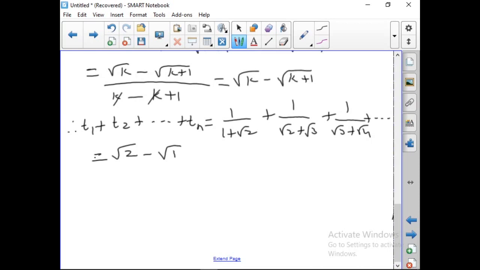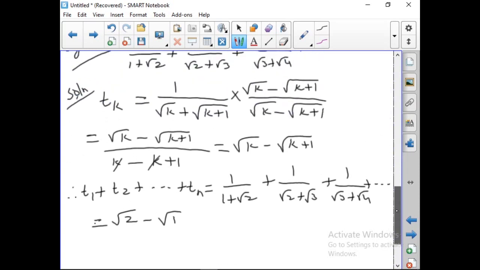How did it become wrong? Root k plus 1 minus root k. Okay, I made a mistake here. See here, this is minus k, not plus k. Here, minus of k plus 1 gives minus 1. So this comes to root k plus 1 minus root k.